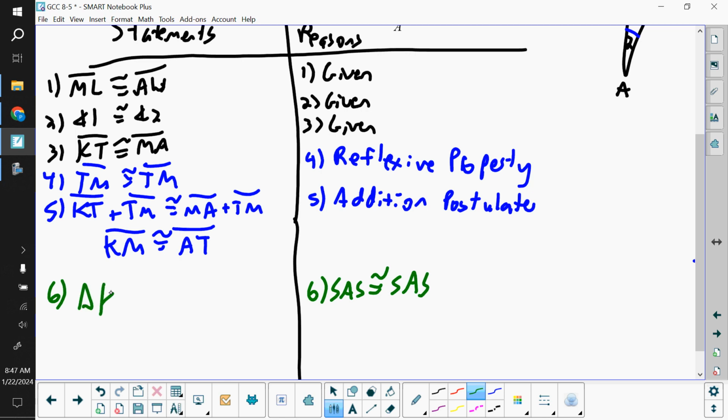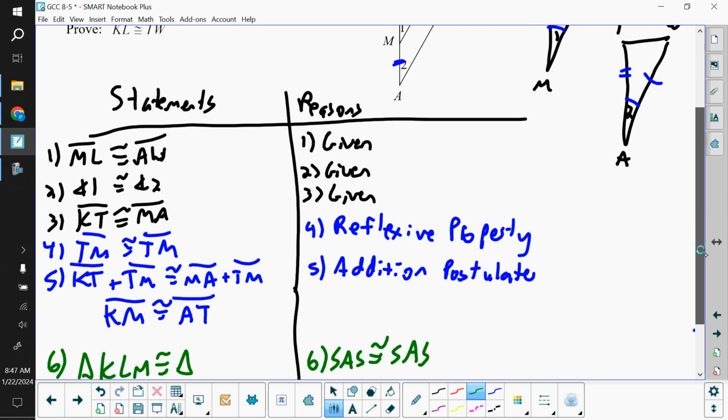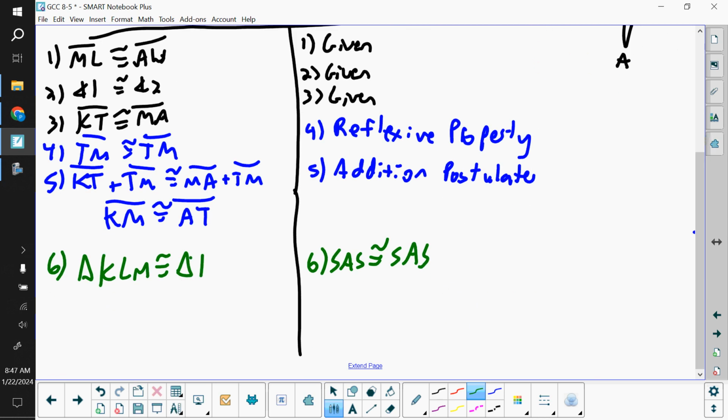I'm going to go with triangle KLM, congruent to triangle. K was in between our two marks and no mark side, so that will match with T. L was over on the right there, that's between the one mark and no mark, so that matches with W. And then we have A.